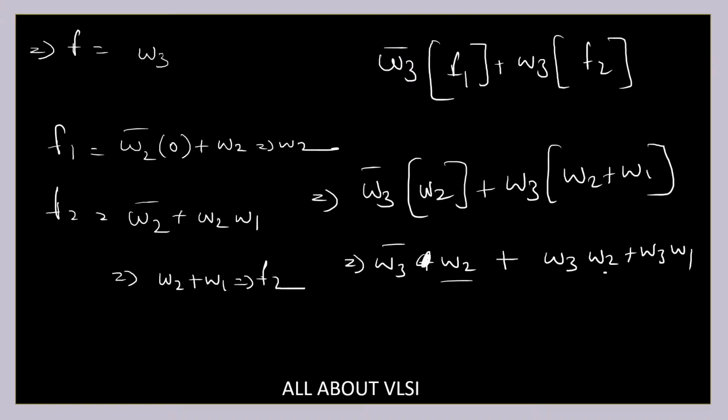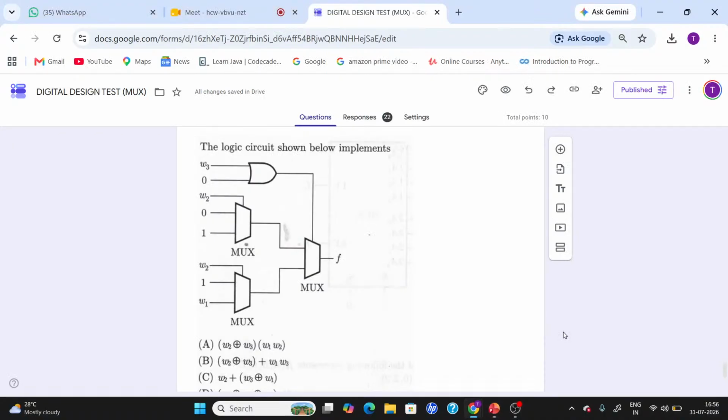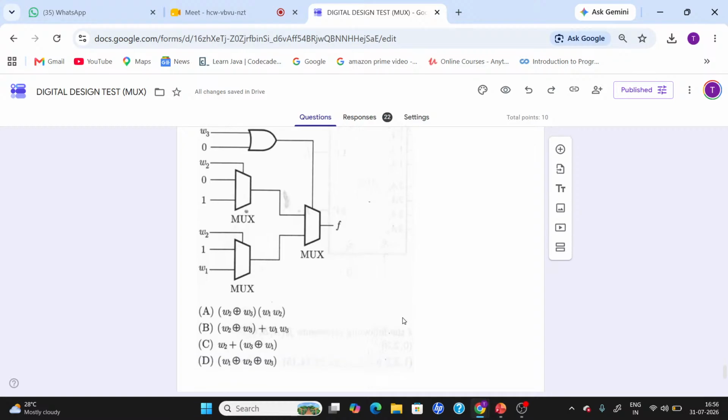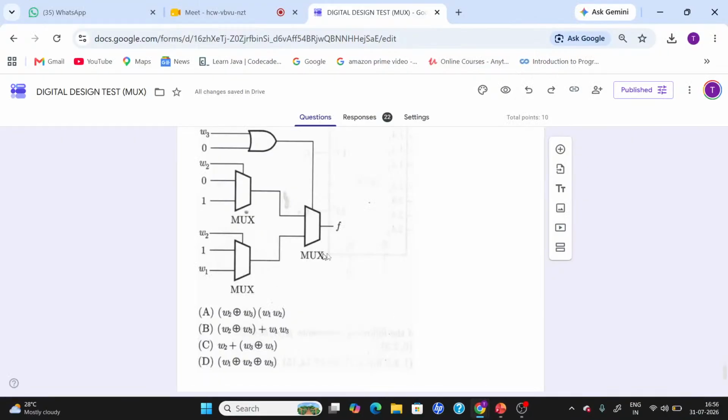If I take W2 common, W3 cancels out, so W2 plus W3 W1 is the answer I'm getting. I have different answers over here, so I think we have made something wrong.